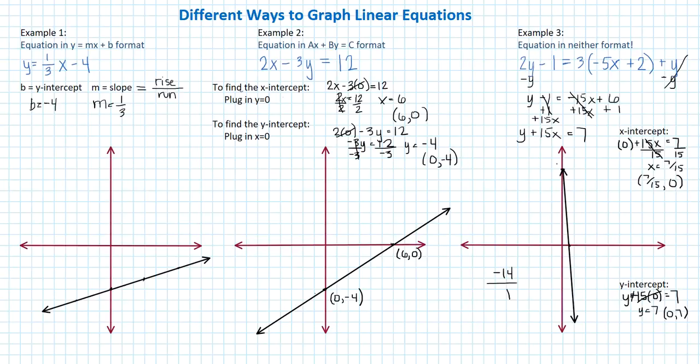And it looks like our y-intercept is at 7. So if we were curious about the y equals mx+b format for this line, we know that m equals -14 and b equals 7. So it would be y equals -14x plus 7.